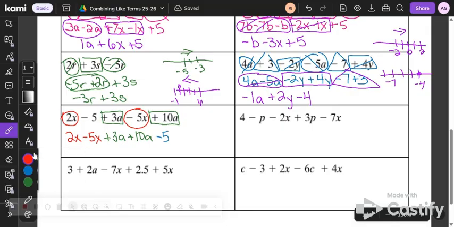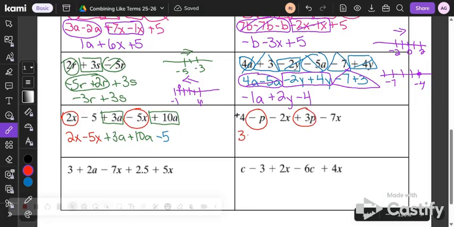When I move into the next one, again, I don't like starting with my constants. I like starting with other things. My P would be my first variable. But I'm going to keep in mind that this constant of 4 is a positive 4, or think of it as plus 4. I have a minus P, and then I have a plus 3P.